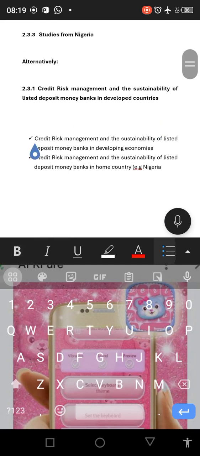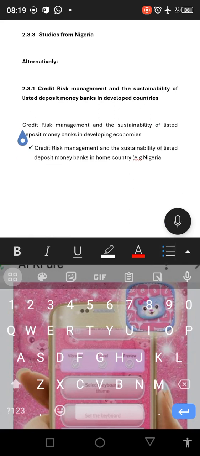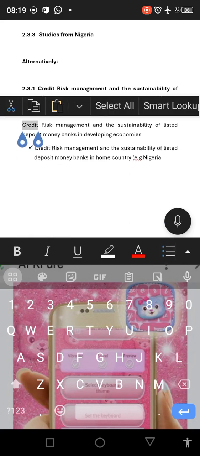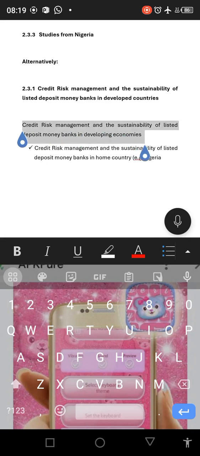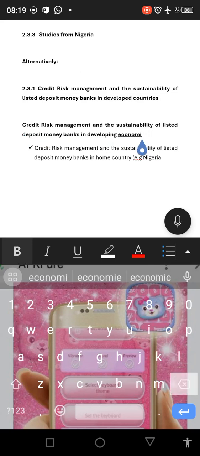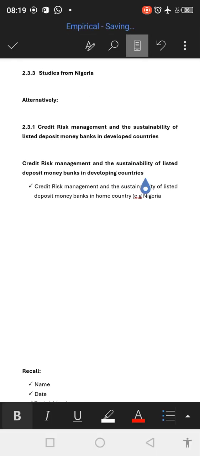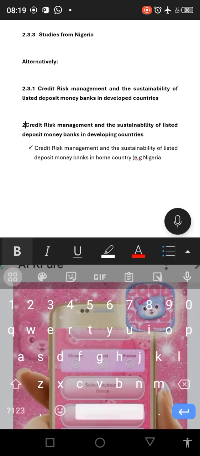Okay. And then after you write out these headings, you continue to review your studies underneath them. And then you move to the next one also. This is another heading from developing countries. You see, let me remove the word economy so that we can be on the same page. You will understand better. All right, 2.3.2.